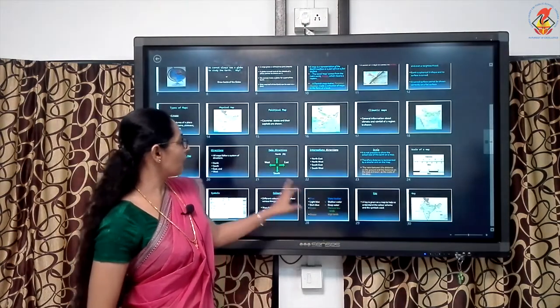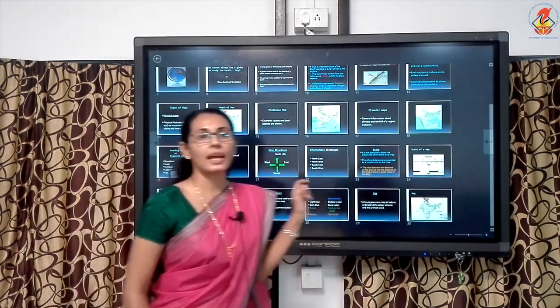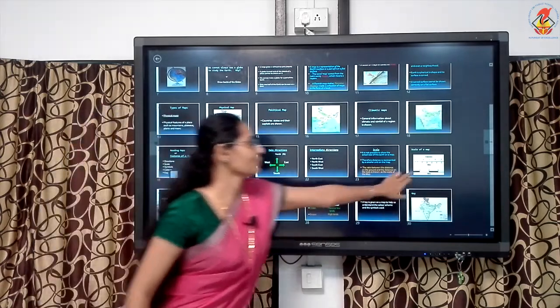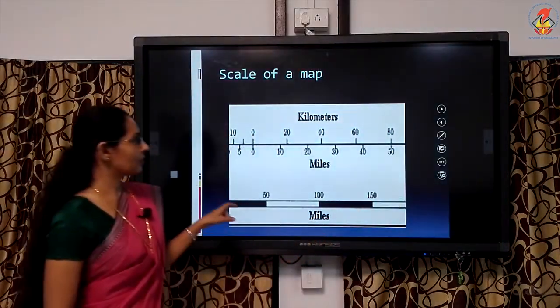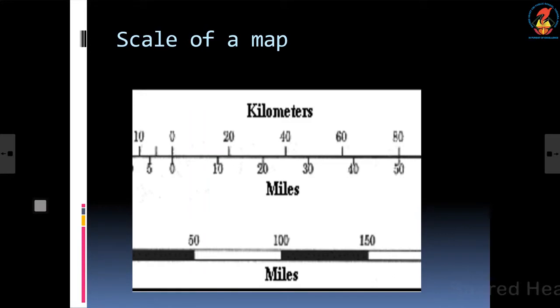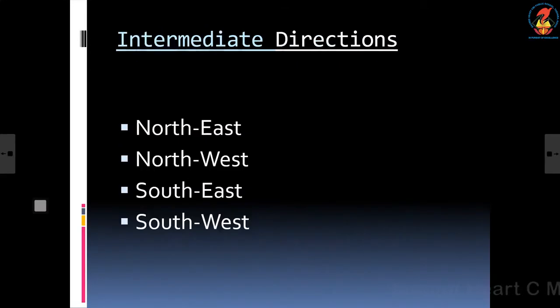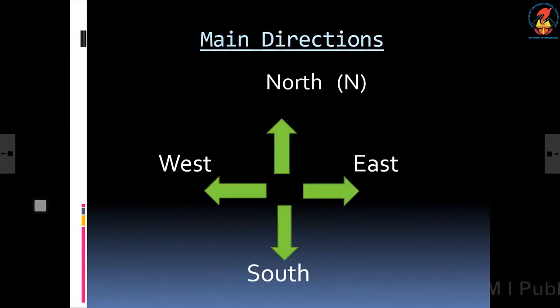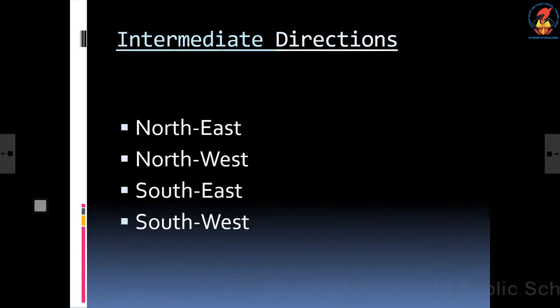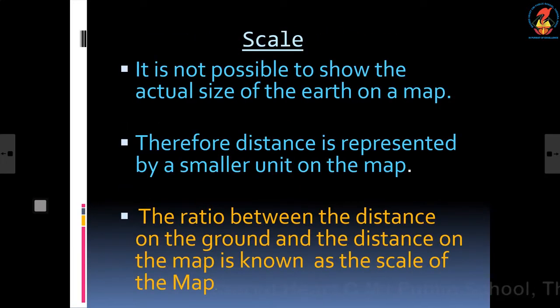So every map has a scale of map. That is the second feature. The first feature is directions, the main directions, and the second feature of a map is scale. The scale is the ratio between the distance on the ground and the distance on the map.